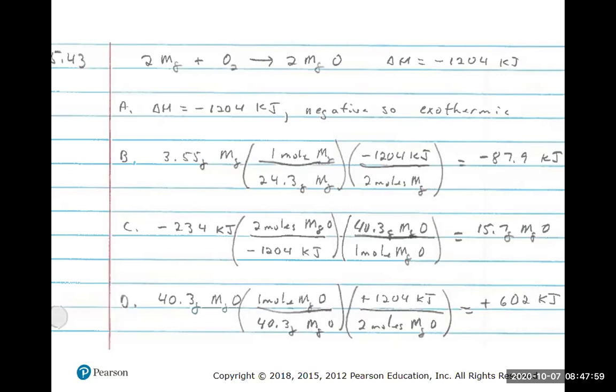Then they want us to calculate the amount of heat transferred when 3.55 grams of magnesium reacts at constant pressure. So we know we want to get to heat, which is going to be joules or kilojoules or something like that. We're starting with a mass, and we know something about the reaction stoichiometry.